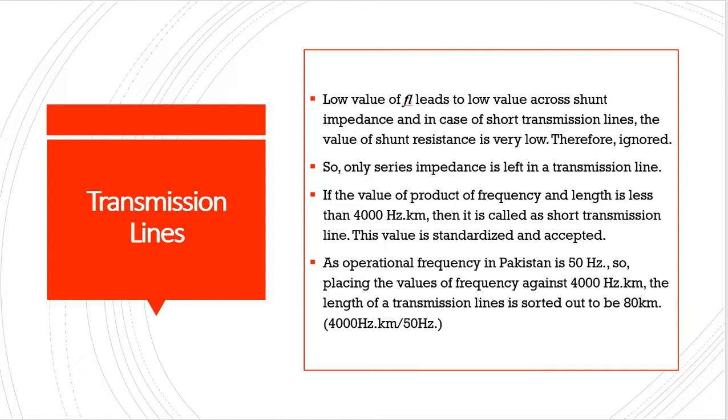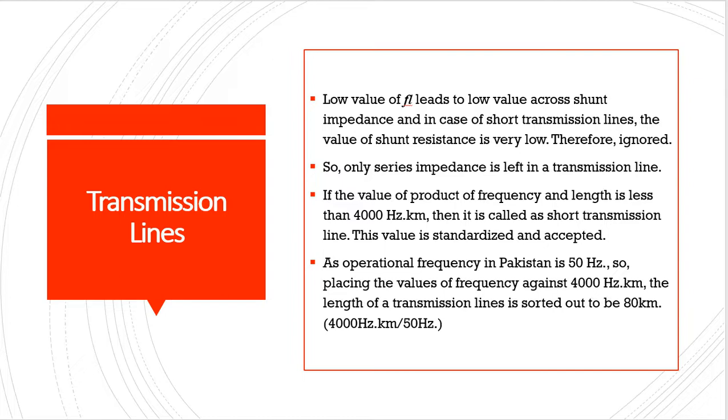What is the meaning of this? If the value of FL is low, then the shunt admittance value will also be lower, and therefore, the small shunt value will be ignored, right.